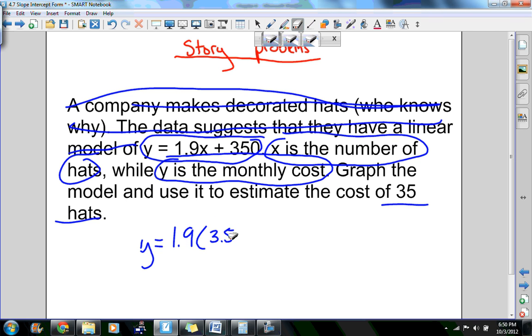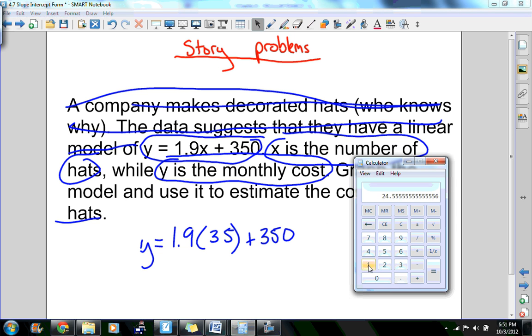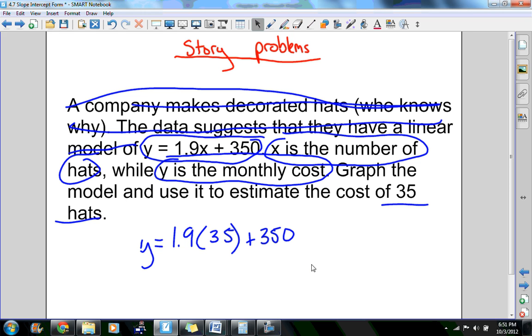Why did I do 3.5? I have no idea. 35 plus 350. And I just multiply that out. $416.50.